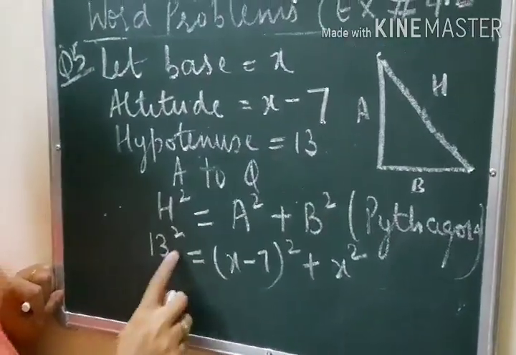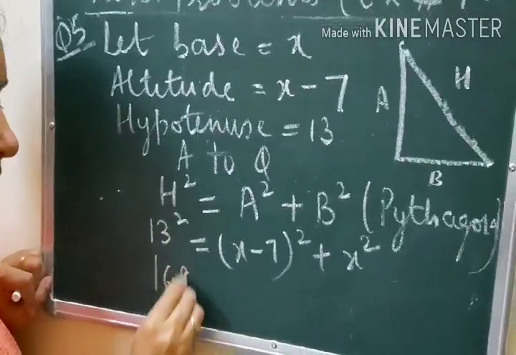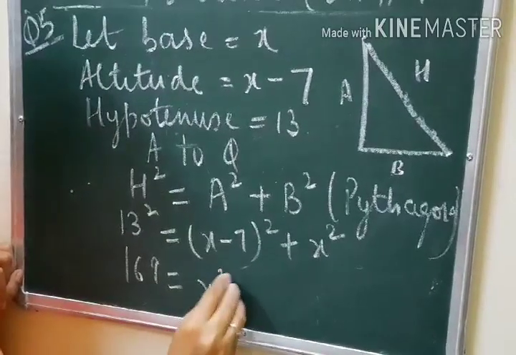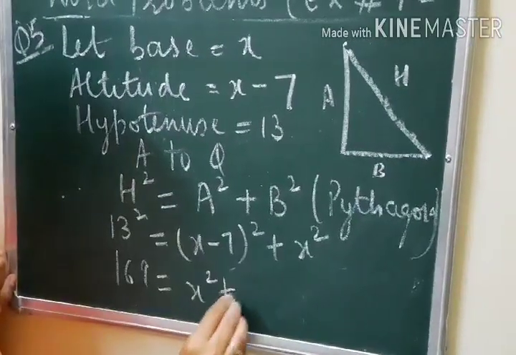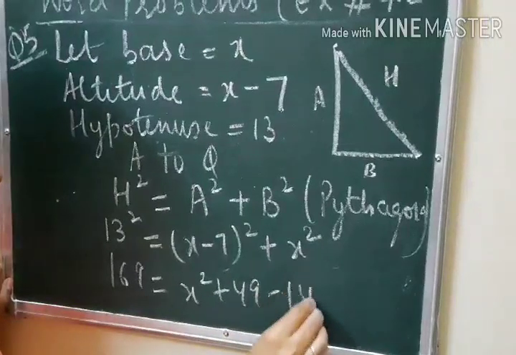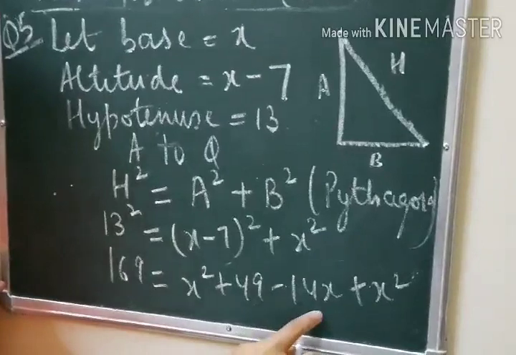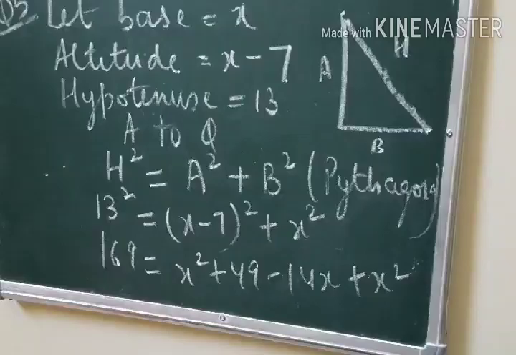Now what is the square of 13? 169. This is again becoming an identity. x square plus 49 minus 14x plus x square, using a square plus b square minus 2ab.